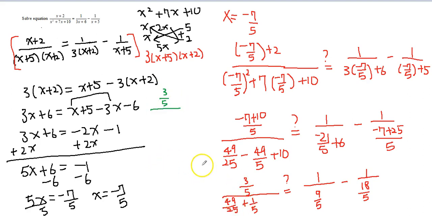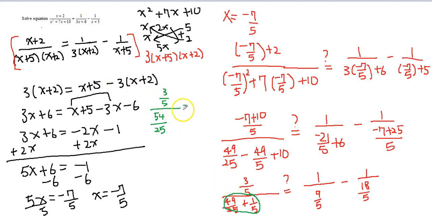So 49 over 25 plus 5 over 25, so you get 54 over 25, because I'm adding these two. The common denominator is going to be 25, so I multiply by 5 top to bottom. You got 5 over 25, so 49 plus 5, you get 54 over 25.